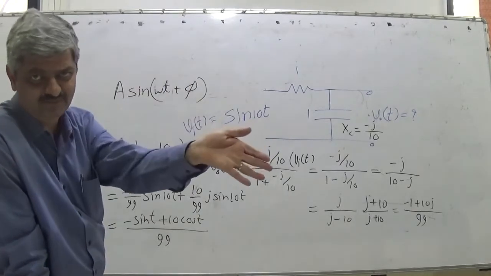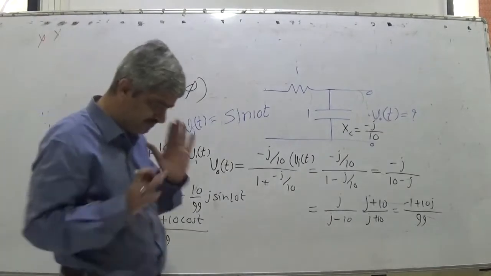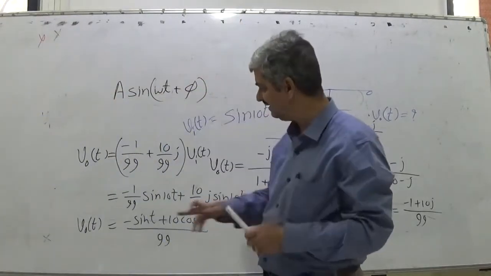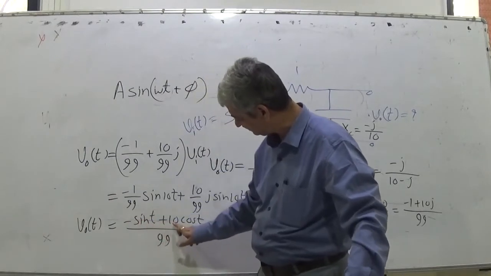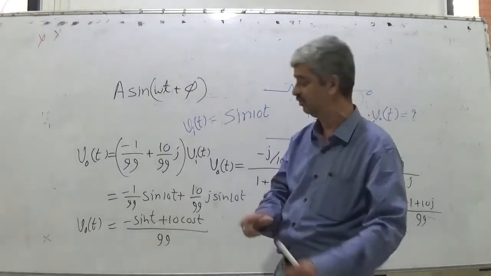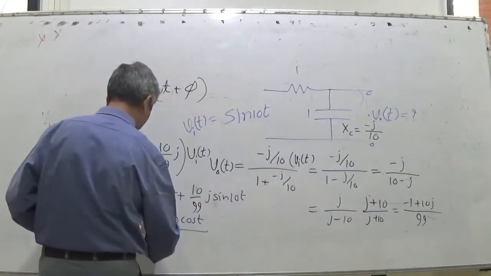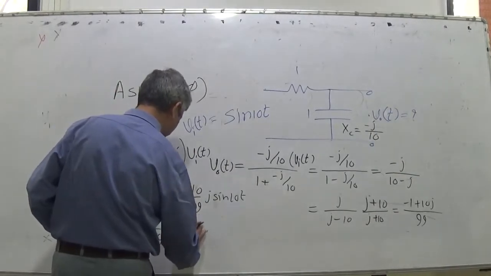That trigonometric simplification is right now not important. What is important is the final answer is minus sin 10t plus 10 cos 10t, that is a summation of two sinusoids. Sorry, I am extremely sorry, I made a mistake by negligence, it is 10t.